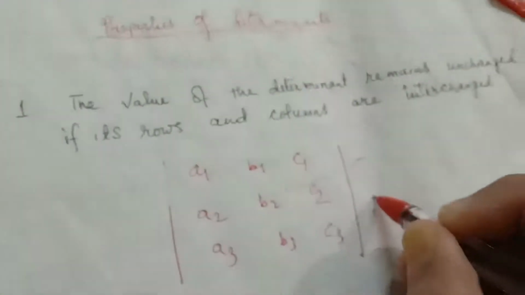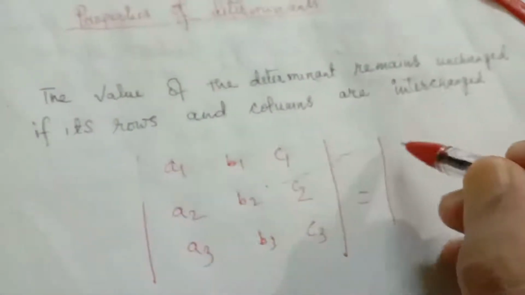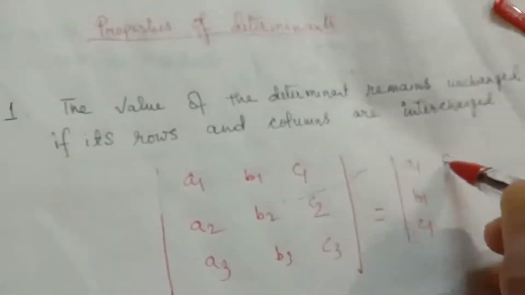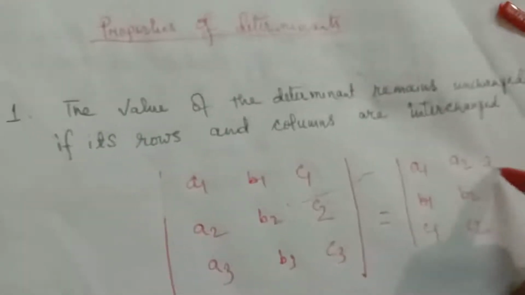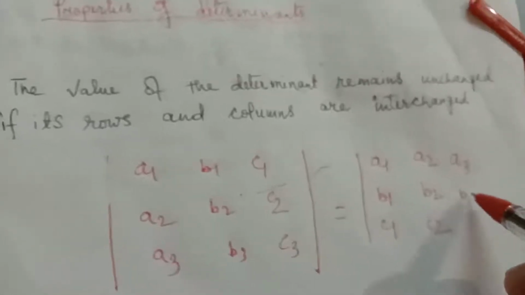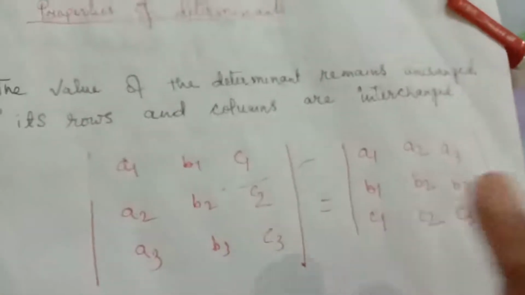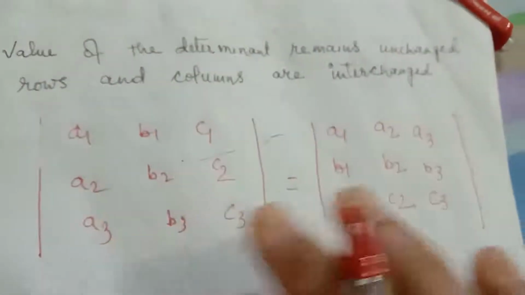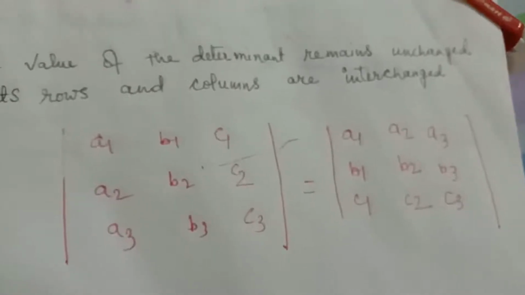If we write the rows as columns, that is, the first row as the first column, the second row as the second column, and the third row as the third column, the value of the determinant will remain unchanged. So if we interchange the rows and columns, the value of the determinant will be unchanged. This is property number 1.